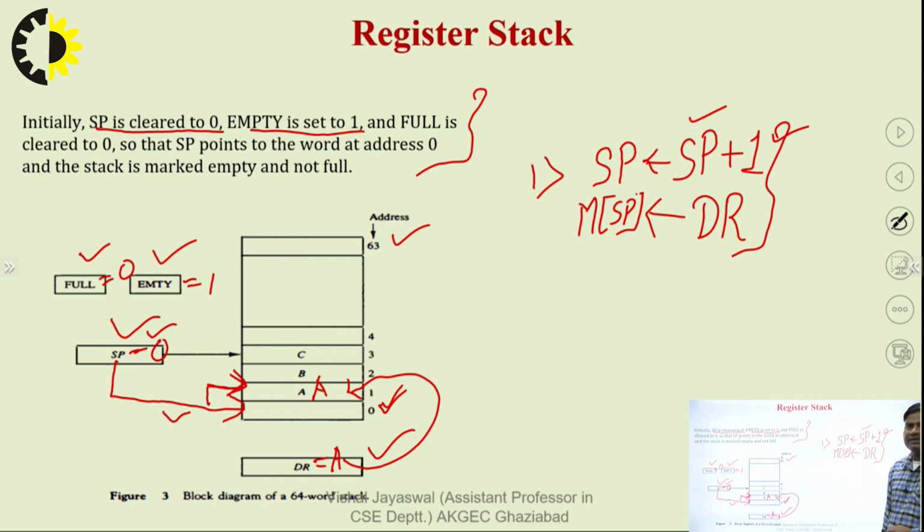The first step is incrementing the stack pointer, and the second step is transferring the content of DR into the stack. In this way we perform the push operation in the register stack. Basically, transferring the content from DR to the stack is called the push operation.